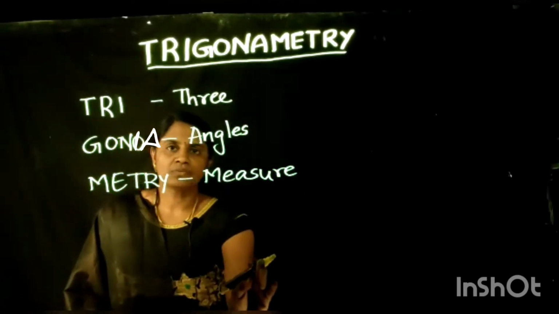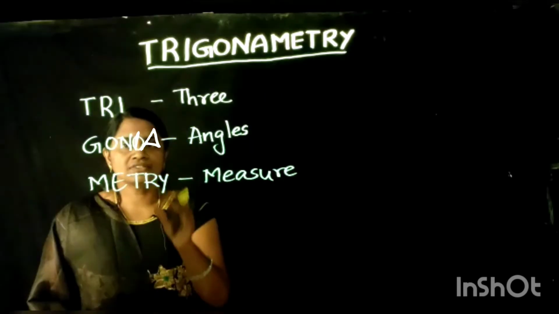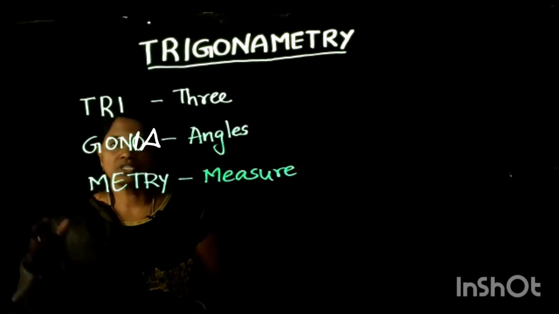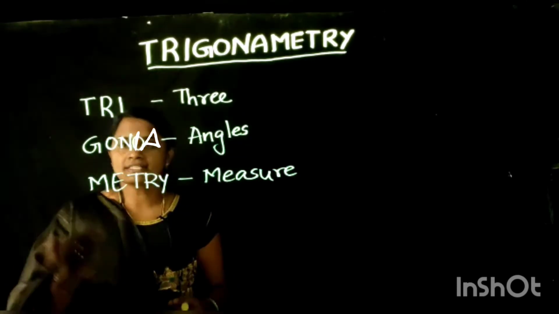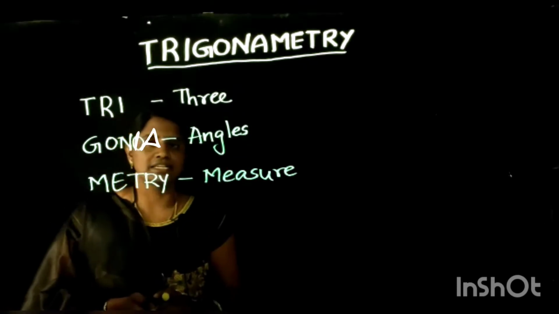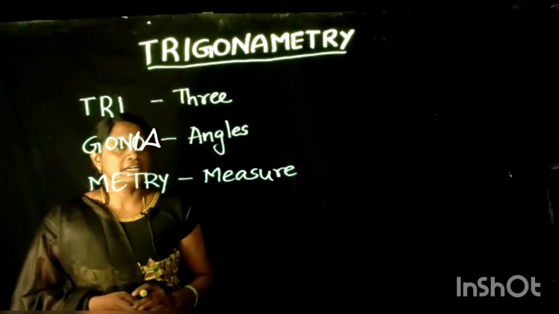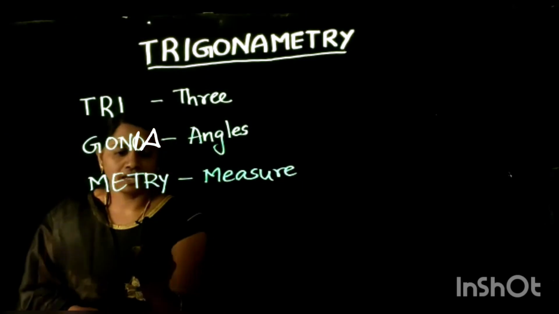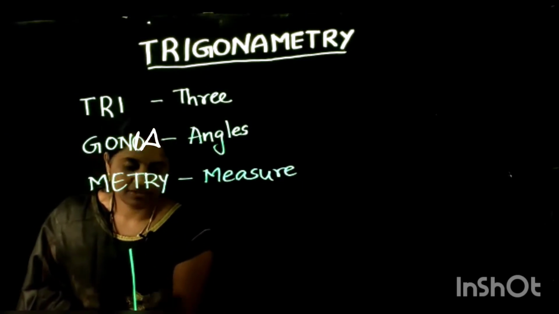It is a branch of mathematics which deals with the relation between angles and sides. Using this relation of angles and sides, we find long distances and sea depths, etc. Generally, in trigonometry we take right angle triangles.